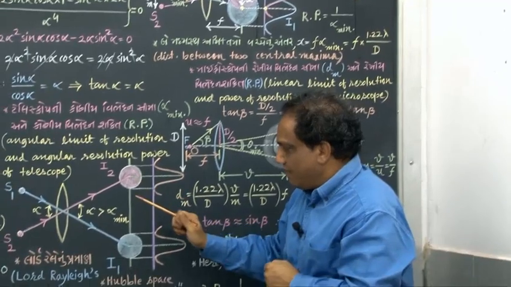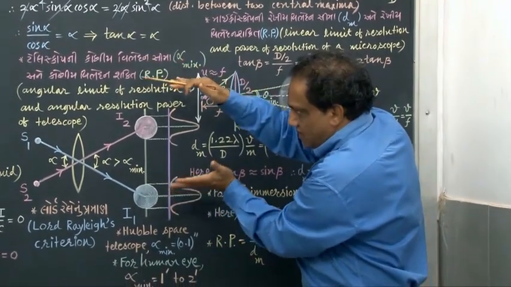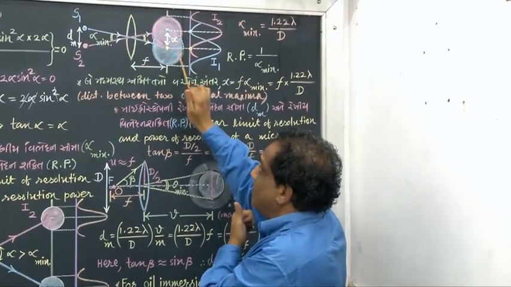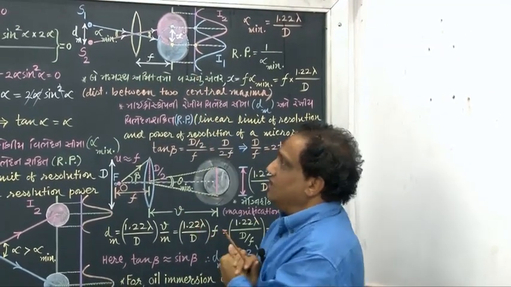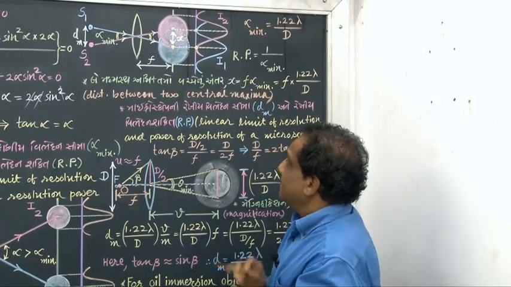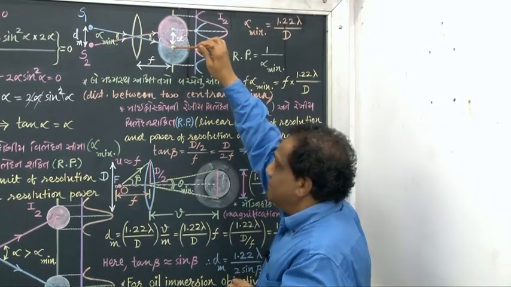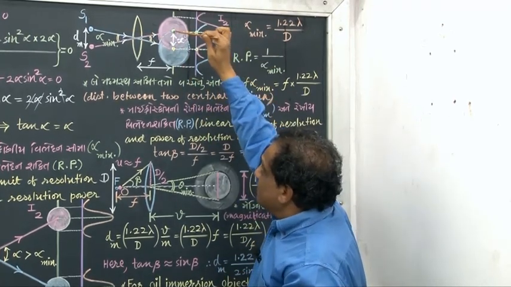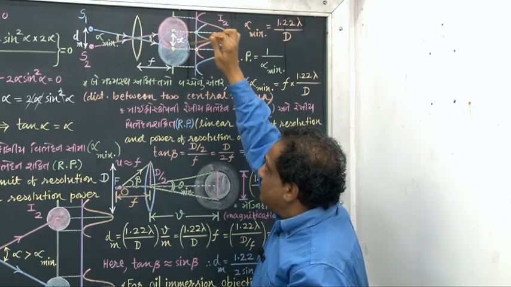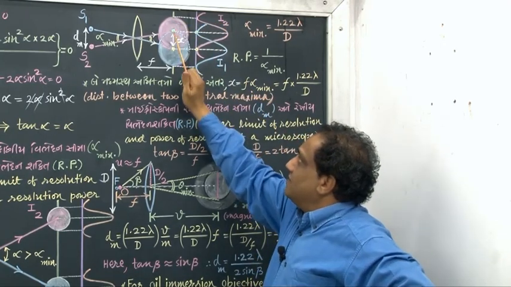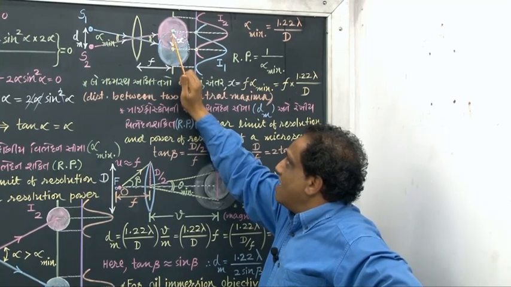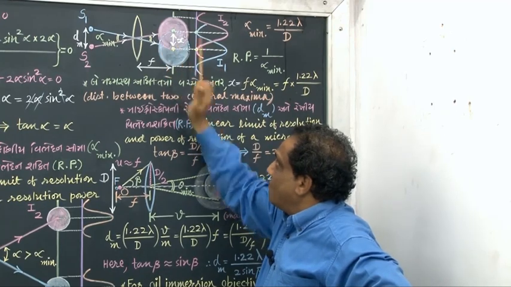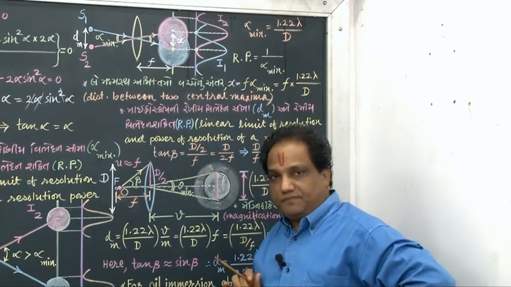And these two central maxima were moving closer to each other, and ultimately in this situation they have been arranged this way. Look here. This is the central maximum in the diffraction pattern of the first object. This is the central maximum in the diffraction pattern of the second object. Here you can see this is the first order minimum in the diffraction pattern of the first object.